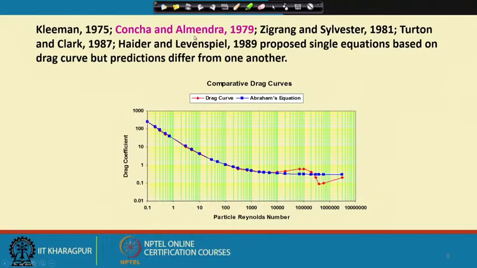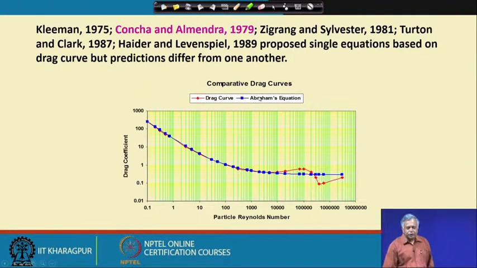The basic model they used while formulating it, Professor Concha and his student Almendra, was Abraham's equation for the CD and RE correlation. If I plot that correlation, the blue line shows Abraham's equation and the red line is the actual standard drag curve. They get almost superimposed up to this region, but start deviating when the Reynolds number goes much higher.